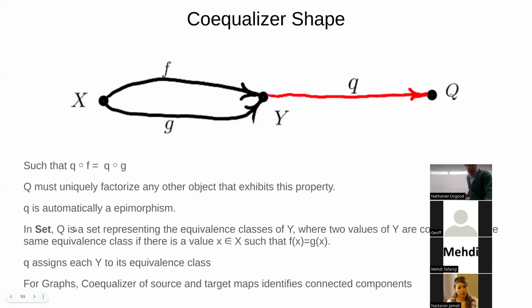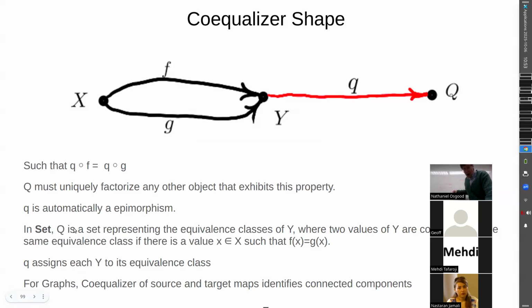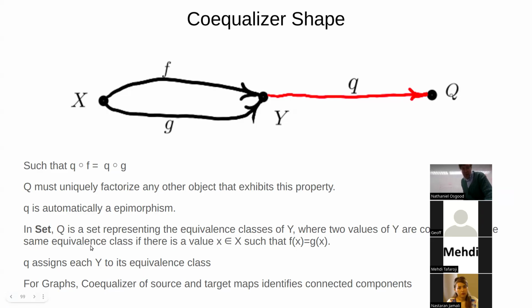Q is a set representing the equivalence classes of Y, not of X, where two values of Y are considered in the same equivalence class if there's a value of X such that F of X equals G of X. Okay, wait a minute, that's actually not a correct statement.